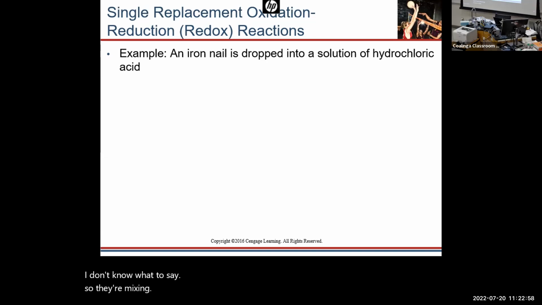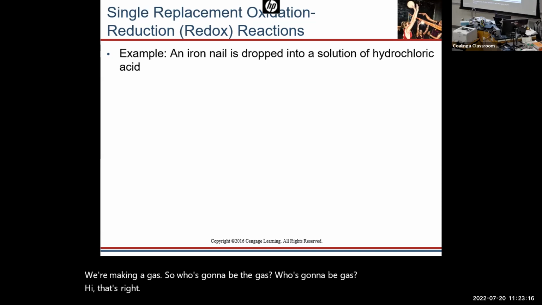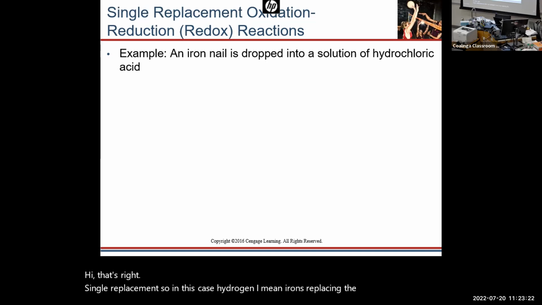What type of reaction is this? Well, it's not going to dissolve, so it can't be aqueous. We're making a gas. So who's going to be the gas? Hydrogen, that's right. Single replacement. In this case, iron is replacing the hydrogen.